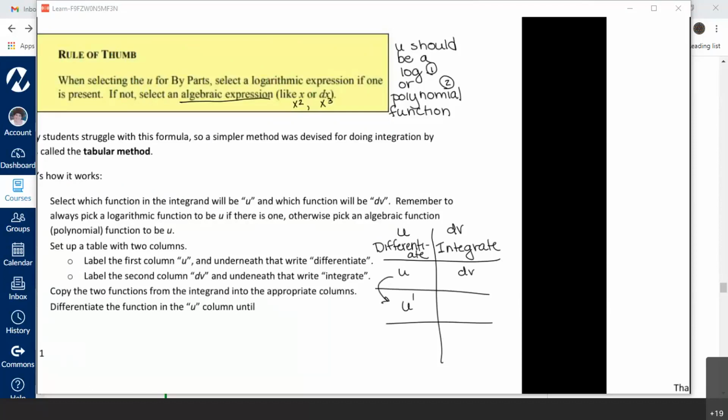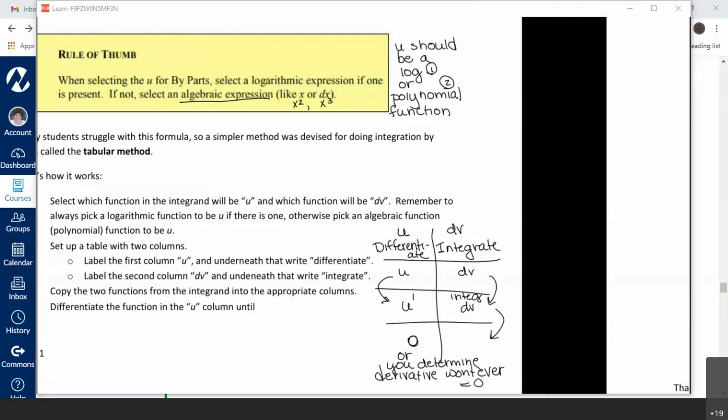We want to differentiate till we get a 0, or you determine the derivative will never be 0. And you're going to integrate dv going down this way.